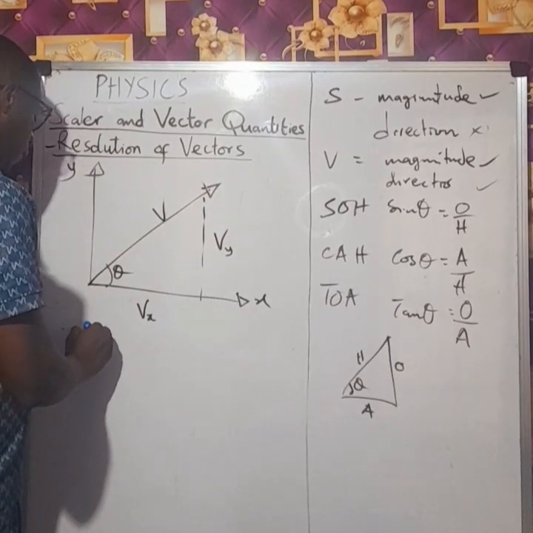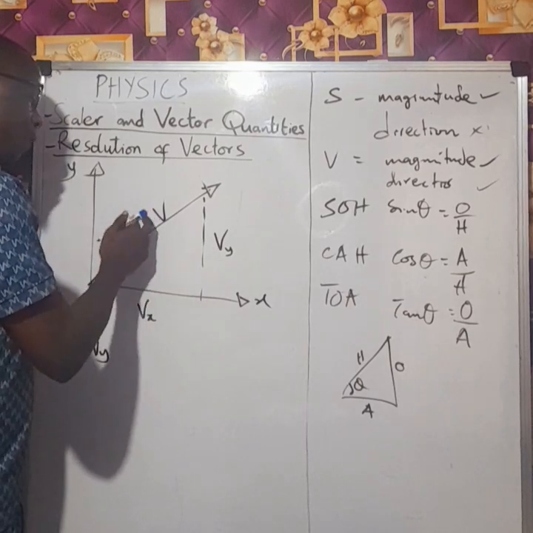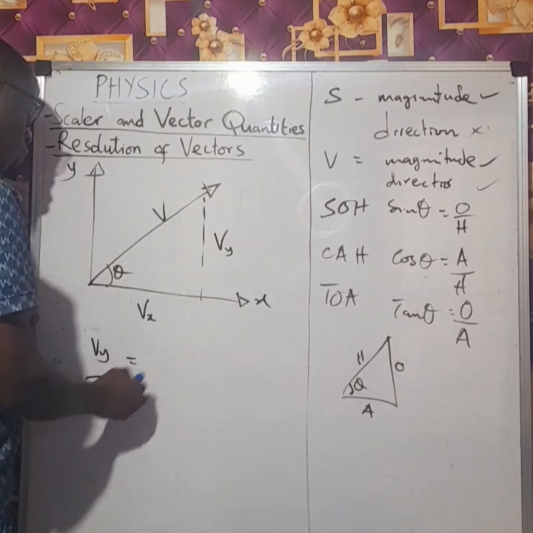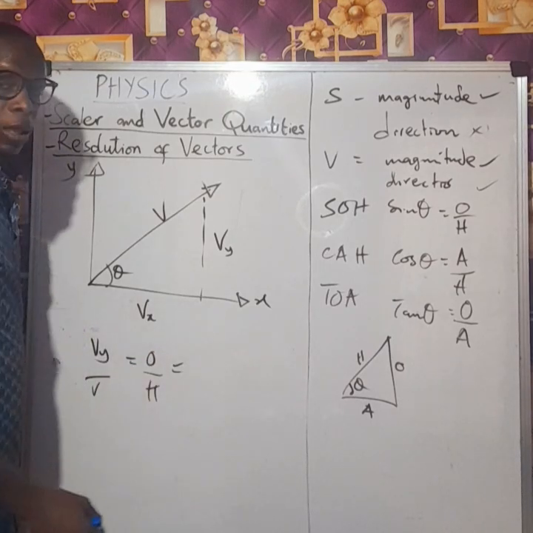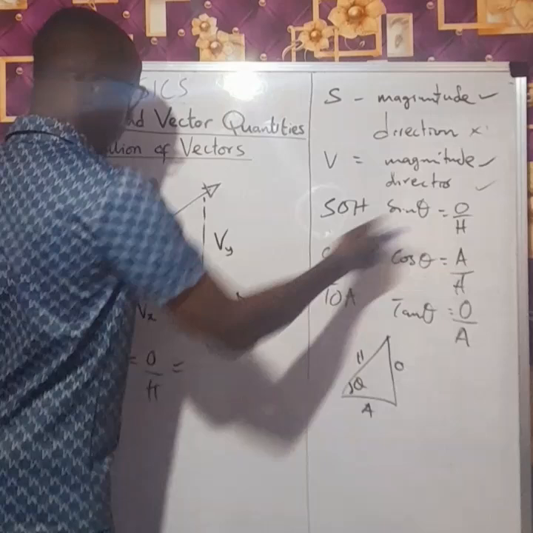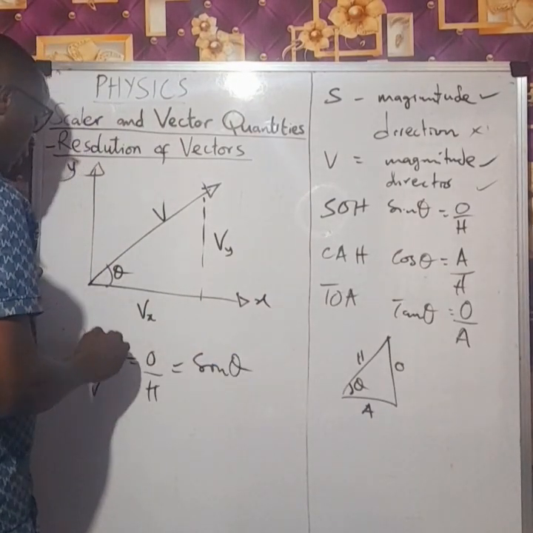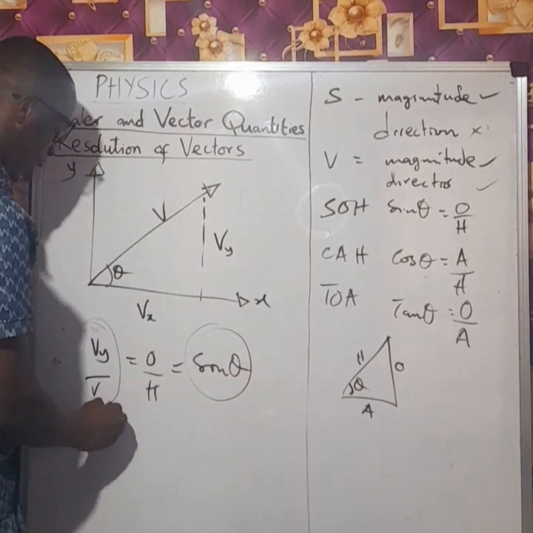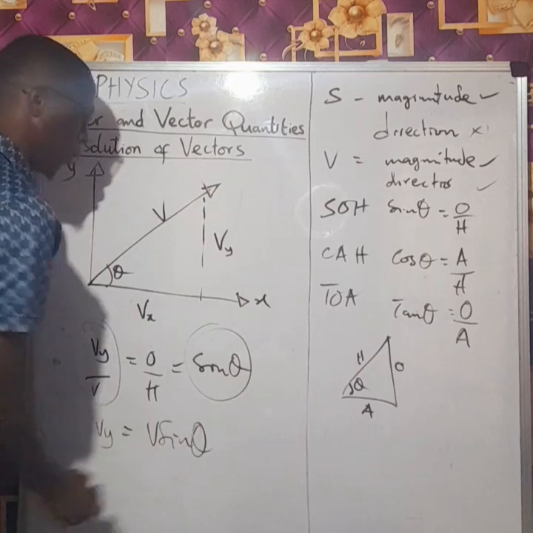Vy is the opposite, and the hypotenuse is V. So opposite over hypotenuse is our sin theta. Therefore, Vy equals V sin theta.